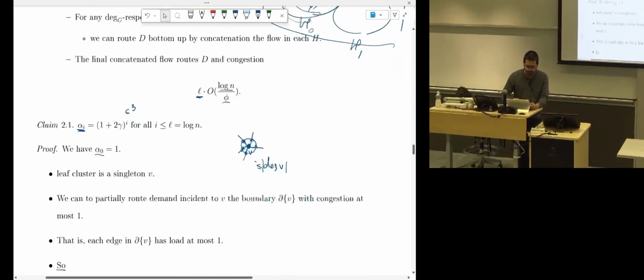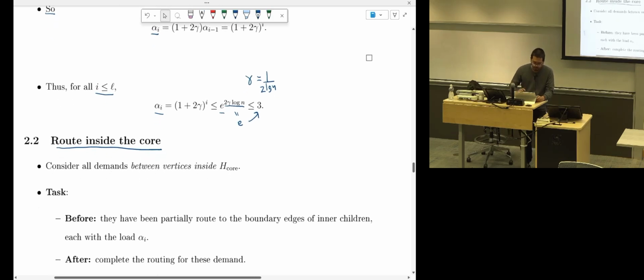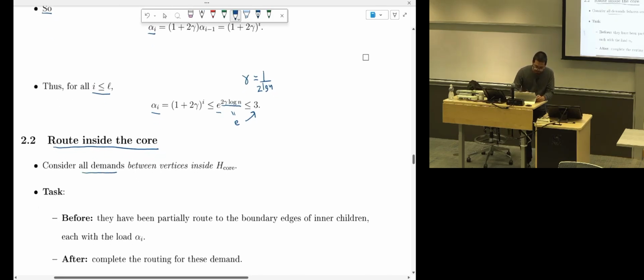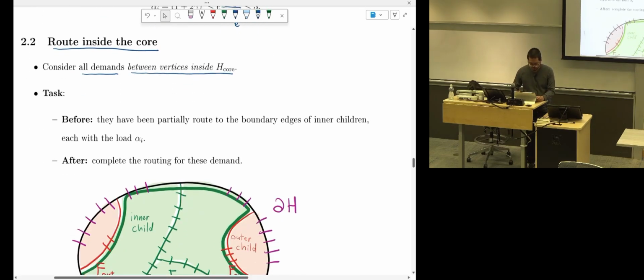Let's do the first thing first. So finish routing inside the core. Consider the demand between vertices inside the core. We want to route all of these with low congestion. Okay.